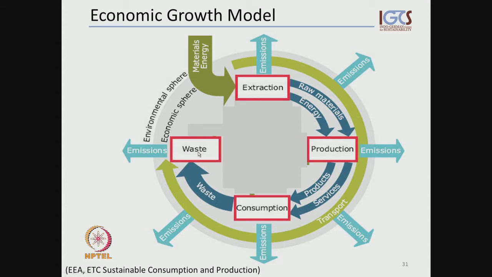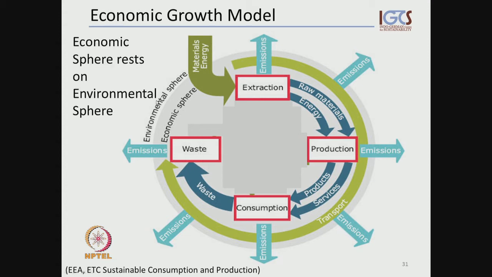This means that our economic sphere is entirely resting on our environmental sphere, and it's interconnected with circles which work in a similar way. So what is our way out right now to such economic growth models?